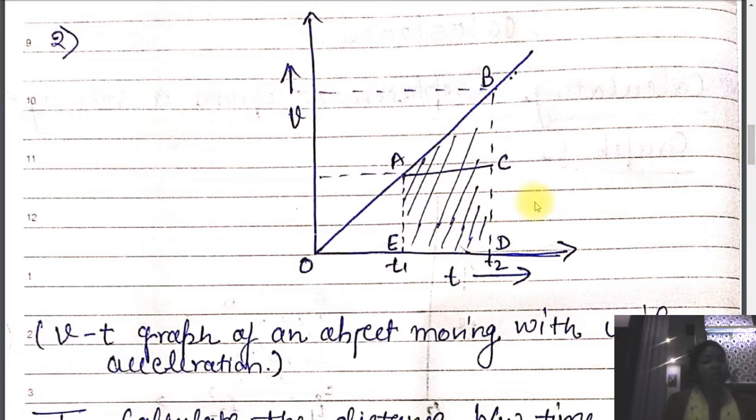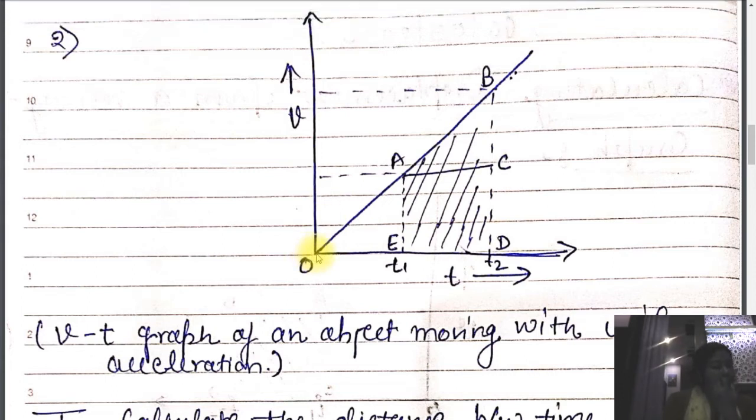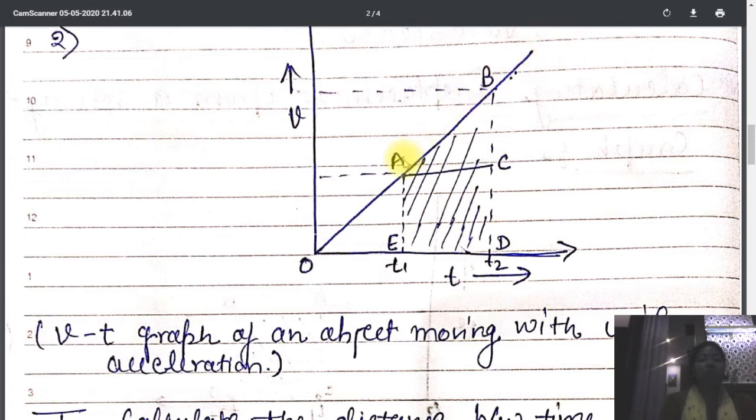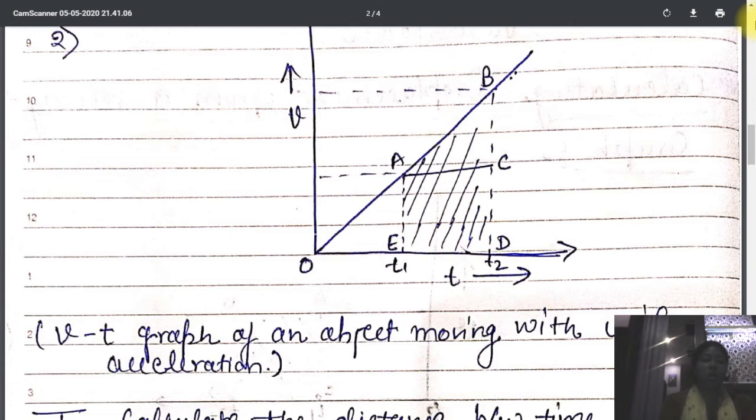In the previous lecture we already talked about this type of graph. Whenever we have constant acceleration, the velocity time graph is plotted as a straight line originating from the origin of the coordinate axis. The slope of the line represents the acceleration of the object, which is uniform acceleration.